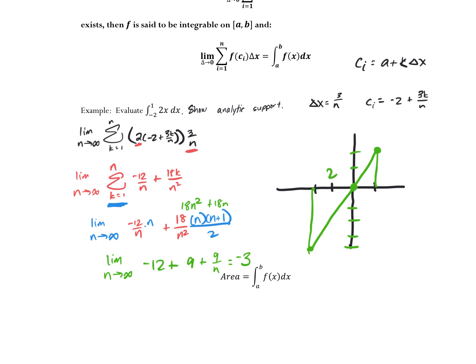This would be 4. Negative 4, since it's below the axis, yeah? What's the other area? This would be 2, or this would be 1, this would be 2, this would be 1. What's my net area? That area is negative 3.